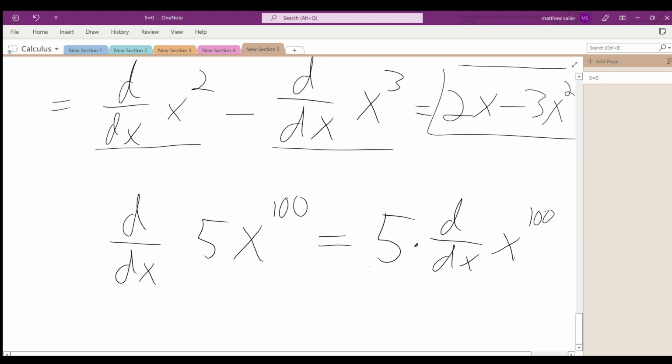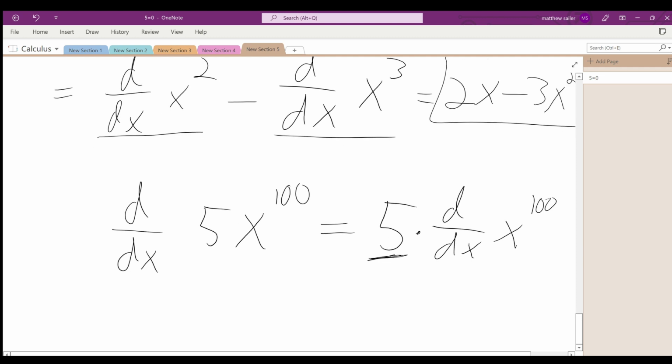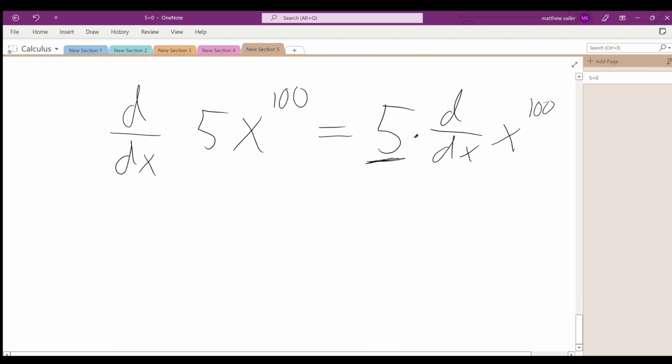So if it's not just a whole number, but some constant multiplied in front of the function, and this constant doesn't depend on x, then you can bring it outside of the derivative. So in this case, to finish this derivative, we would get 5 times 100x to the 99, which would be 500x to the 99.